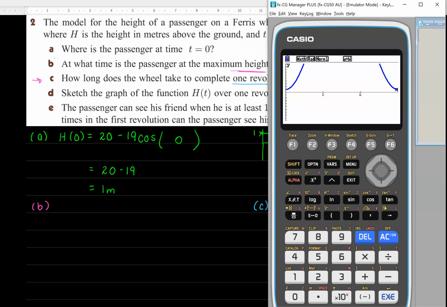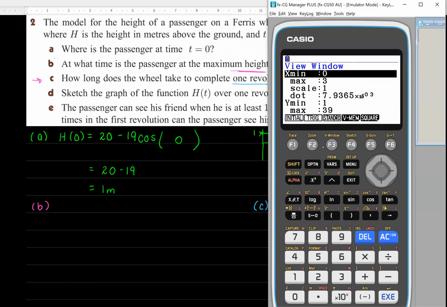Okay, and now we go Shift, Zoom, so F2 and Auto. And there's our graph. Now I like to go back into our scale and just give my max and min a little bit of a buffer. So I'm going to put in -1 because I want to be able to see the x-axis, and just have a buffer.